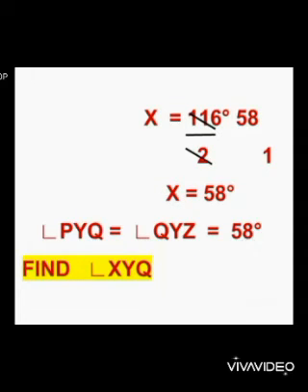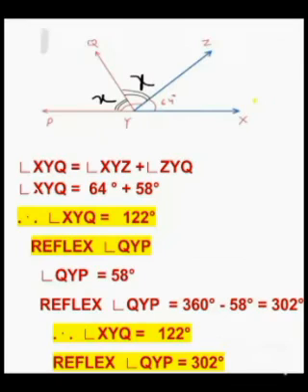So, now we have to find out the value of angle XYQ. Okay, children, we have to find out the value of XYQ. See the figure, children. XYQ, how can you write? XYZ plus ZYQ. Now we got the value of ZYQ, how much we got? 58 degrees, isn't it?